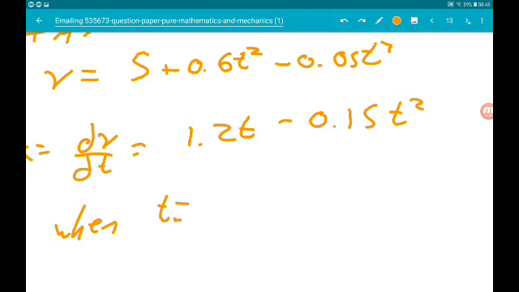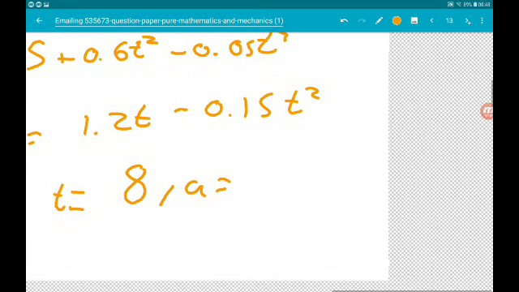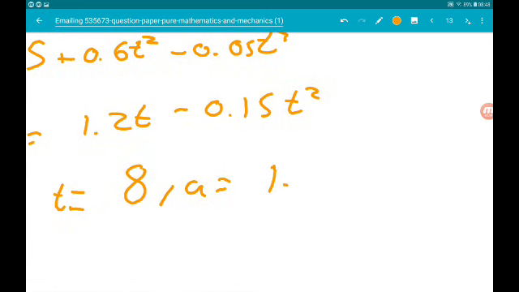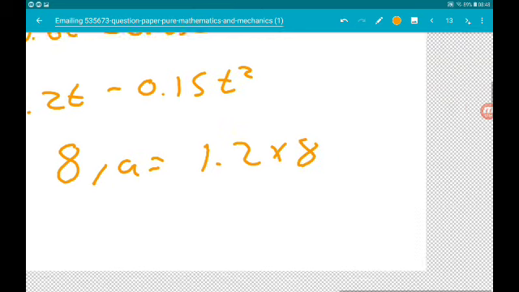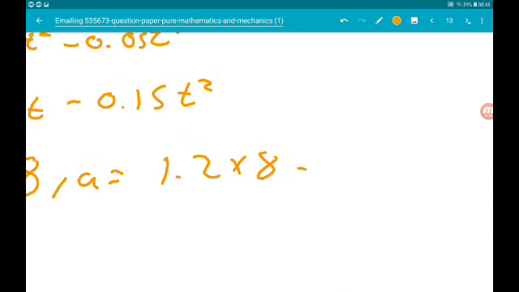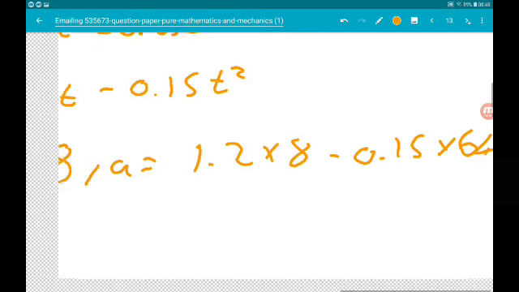So when t is equal to 8, there we go, good. When t is equal to 8, acceleration is 1.2 times 8 minus 0.15 times 64. Now that is going to give us 0.